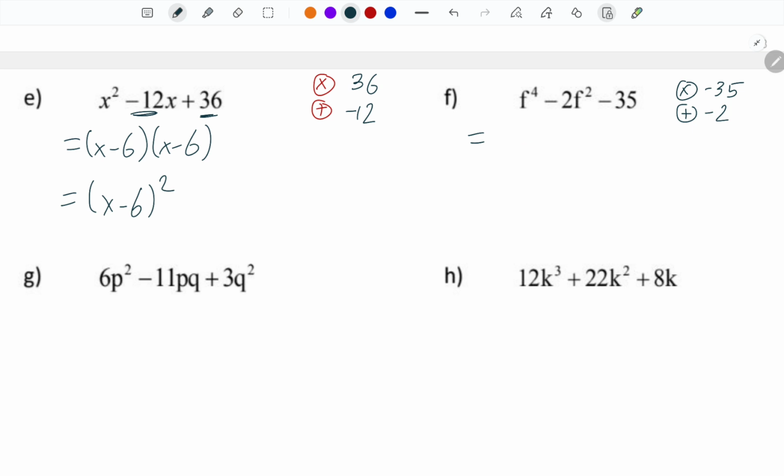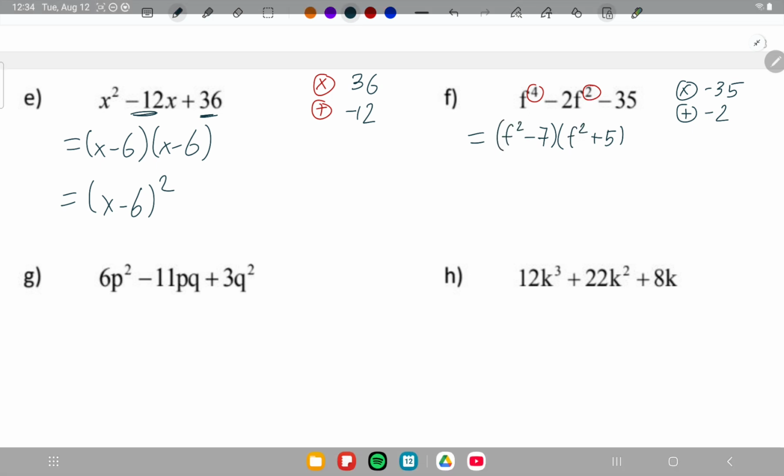So we're going to have minus 7, and we're going to have a plus 5. And in this case, since it's f to the 4 and f squared, instead of having just an x like we had before, we will now have f squared. That's the term that we're dealing with here. f squared minus 7, f squared plus 5.